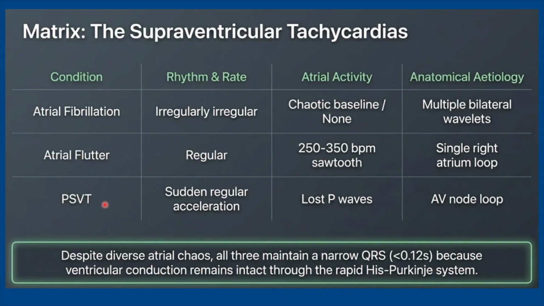And paroxysmal supraventricular tachycardia is a sudden regular acceleration, of sudden onset and sudden offset, with lost P waves, and it is due to an AV nodal loop. In all these cases, the QRS complex is normal.